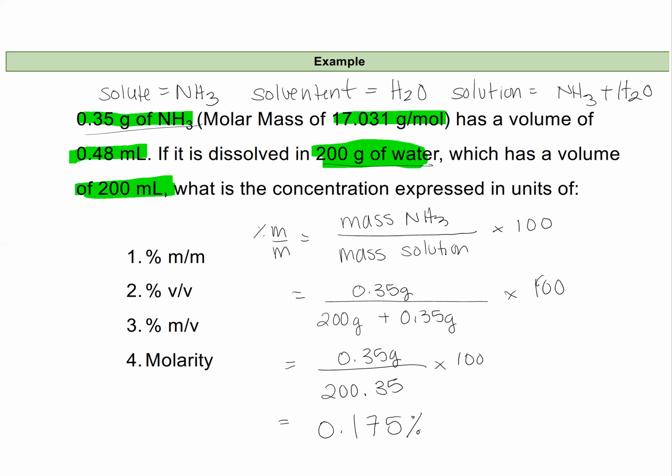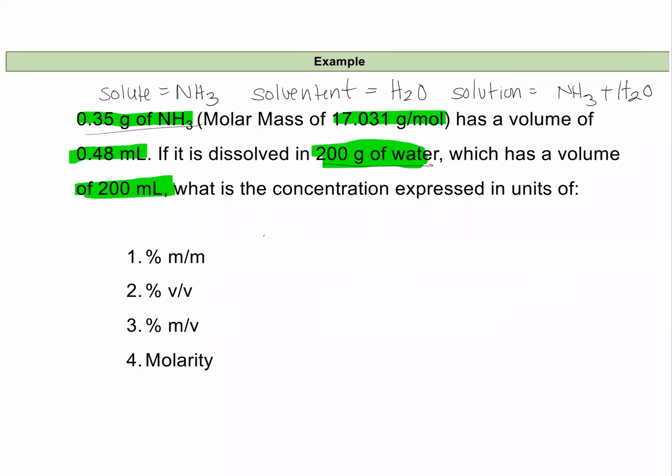So now we're going to go ahead and do volume per volume, which will be very similar. Percent volume by volume will be equal to the volume of our NH3 divided by the volume of our NH3 plus our water, because we really want the volume of our solution to be on the bottom of our fraction, times 100.